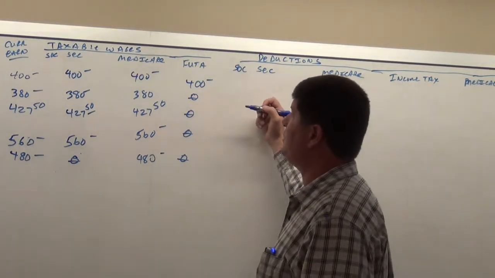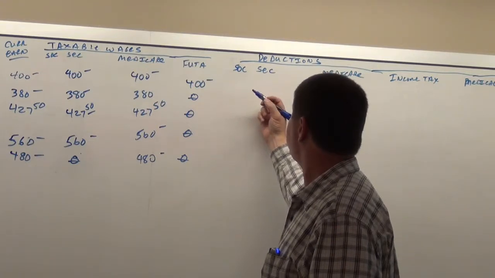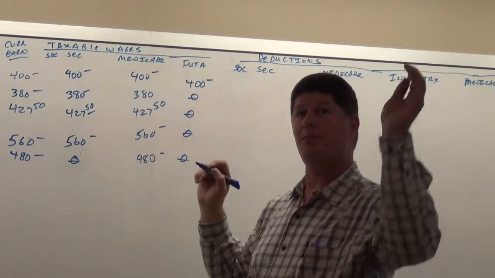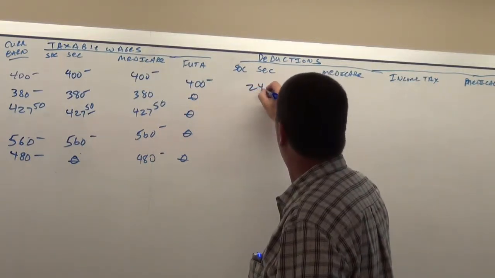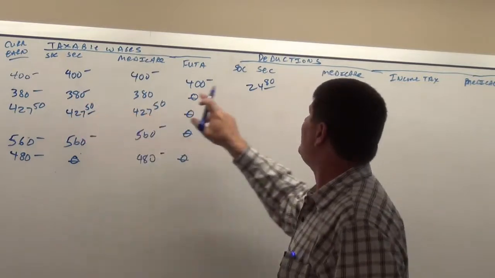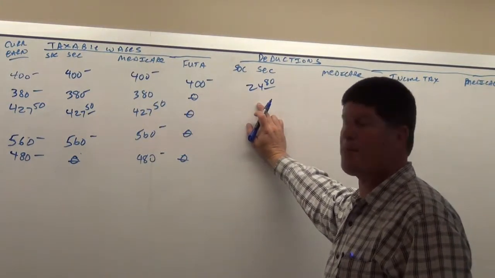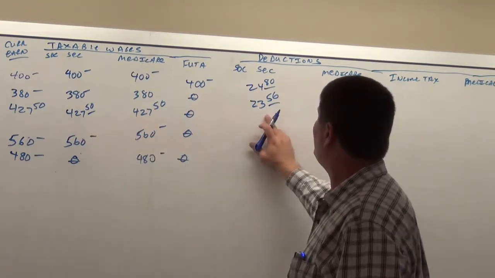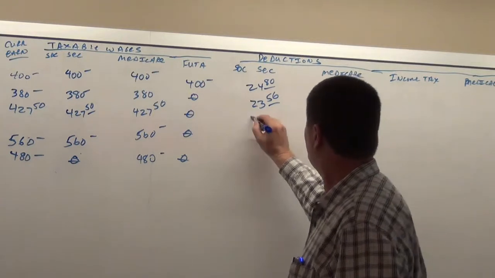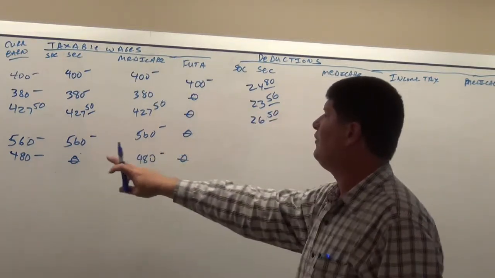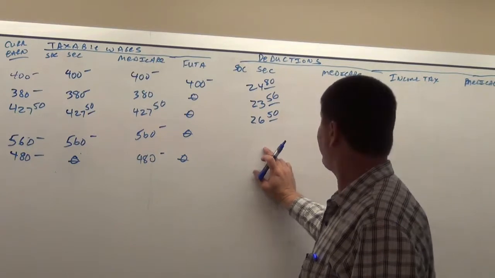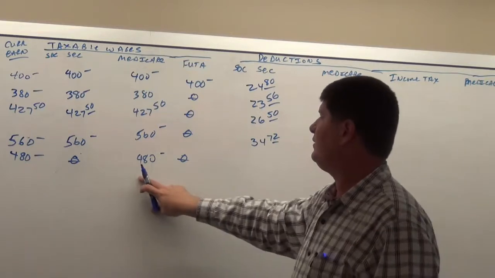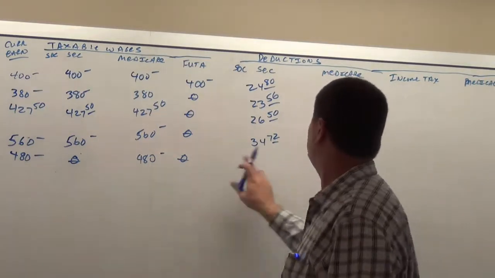So 400 times 6.2% is? $24.80. 380 times 6.2%, $23.56. 427.50 times 6.2%, $26.50. 560 times 6.2%, $34.72. And let's see, zero is zero.